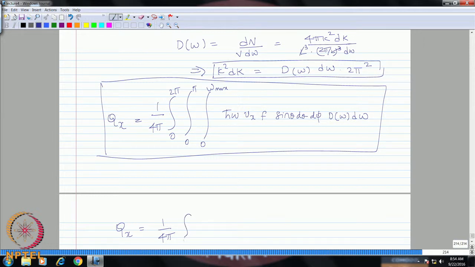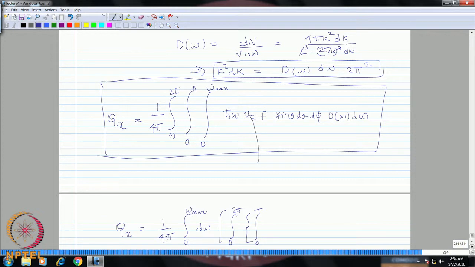I am just going to rewrite it 0 to omega max d omega. This is the outer integral. Then I have 0 to 2 pi, and the innermost integral will be 0 to pi. This is your polar angle.